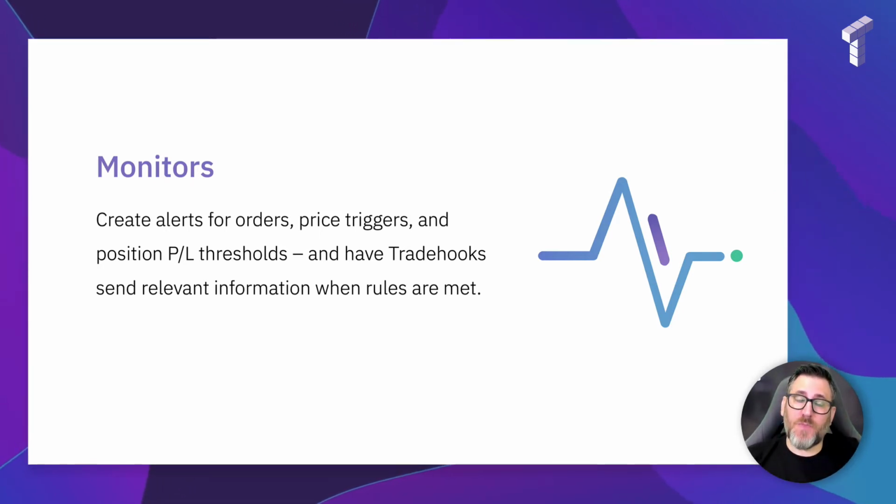When this rule is met, a trade is going to trigger, and it will send the information to you. Okay, to you, again, by you, I mean your strategy. So when something happens, your strategy will be notified about that.